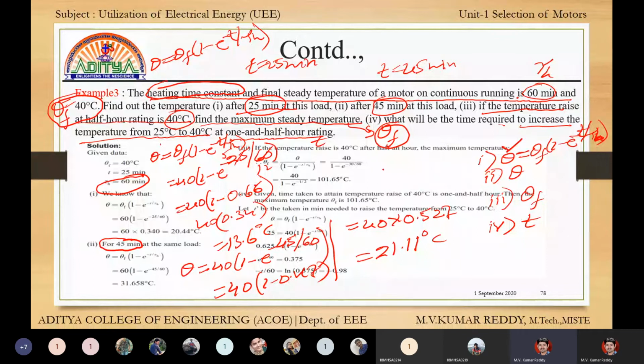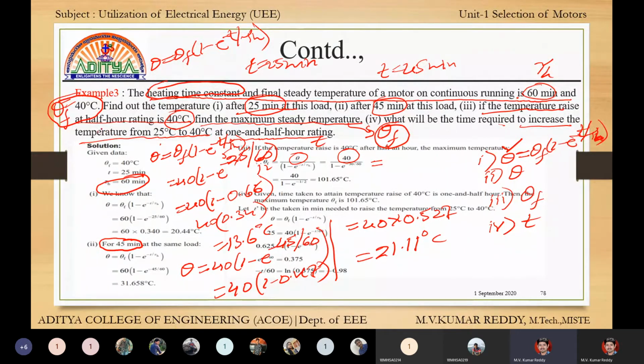Now the third problem. In the third problem, you have to find theta f. Theta is already given as 40. What is the t value in the third problem?